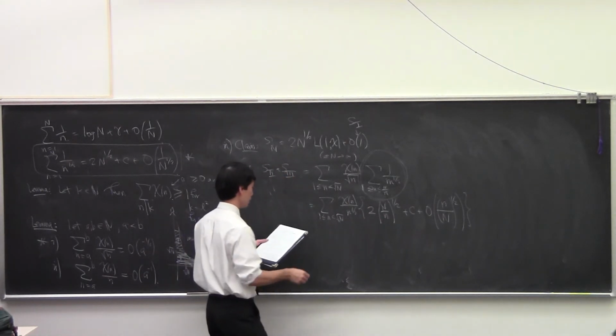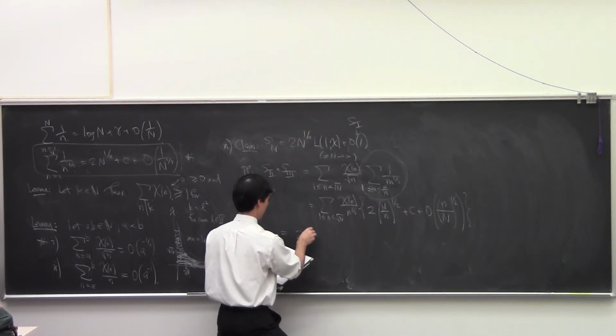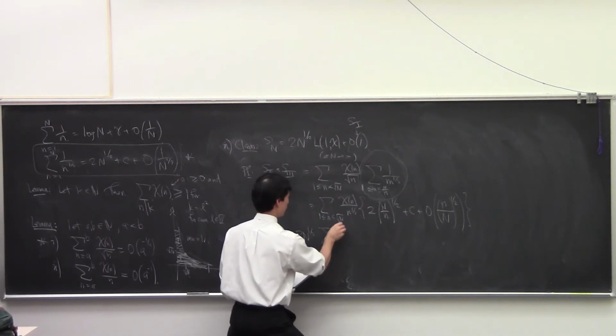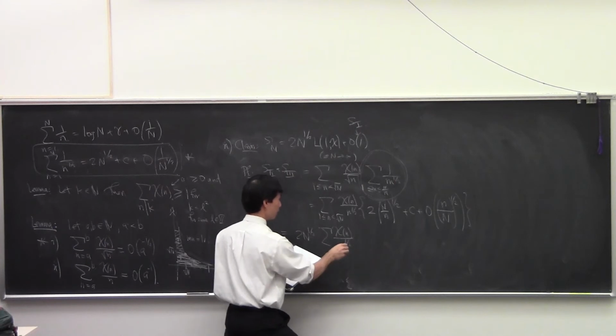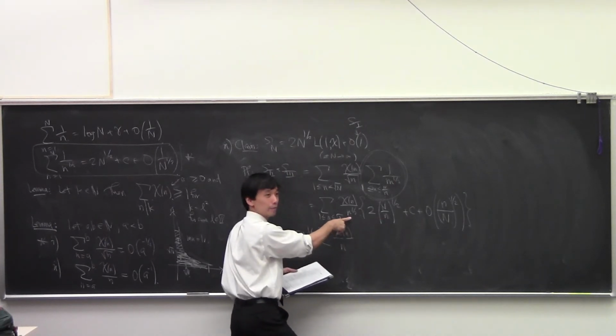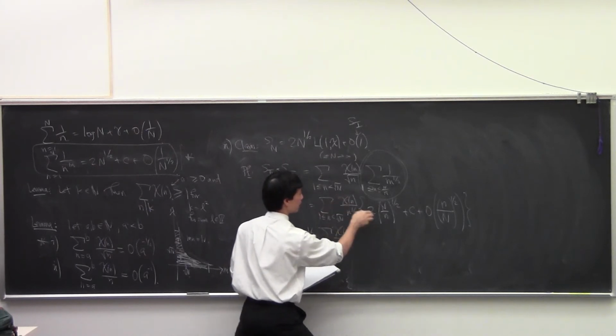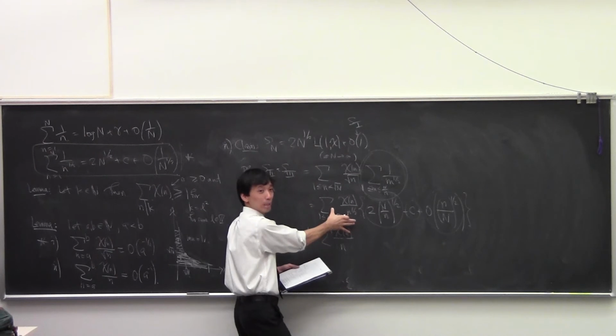And so let's break it into pieces. We get 2 n to the half summation chi n n to the half. No, chi n over n, because we have n to the half and n to the half. So we're going to take each of these terms and multiply them by the sum.